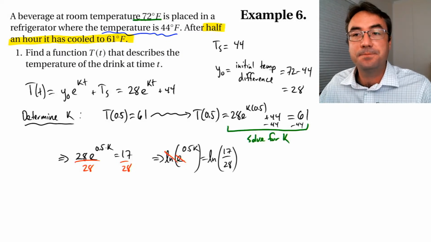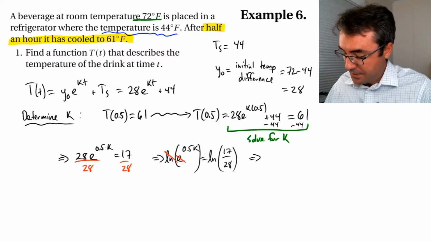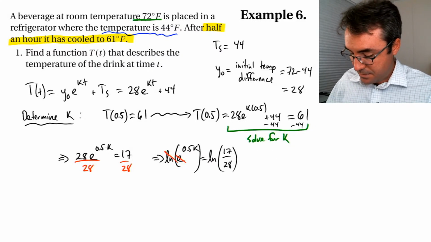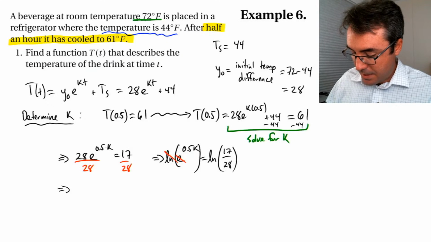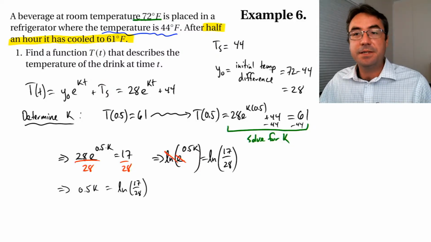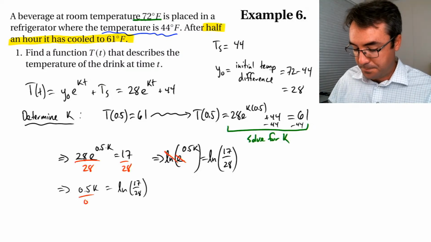They cancel out. This gives us the equation 0.5k is equal to natural log 17 over 28. Finally, to get k by itself, we divide both sides by 0.5.